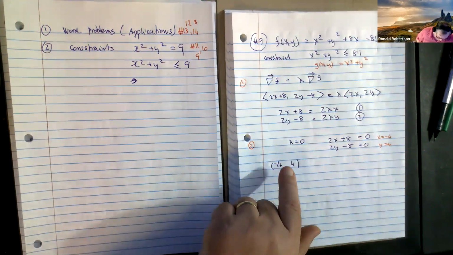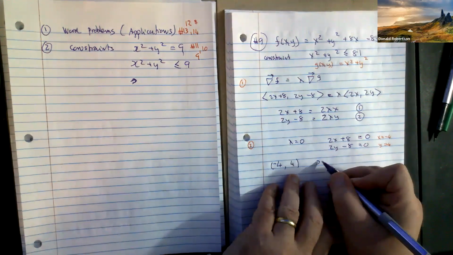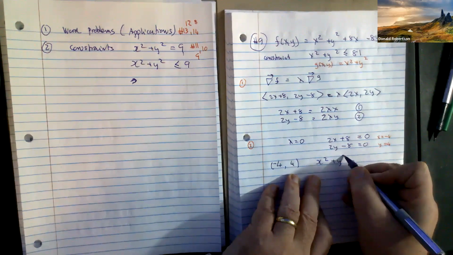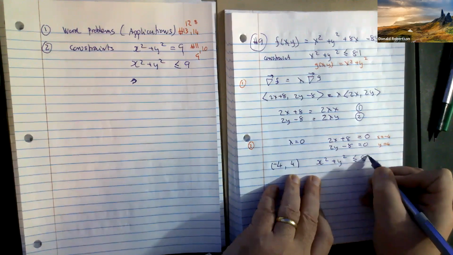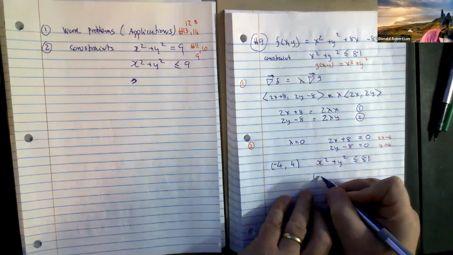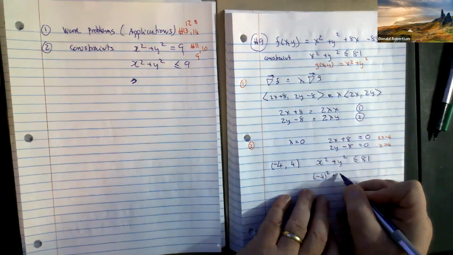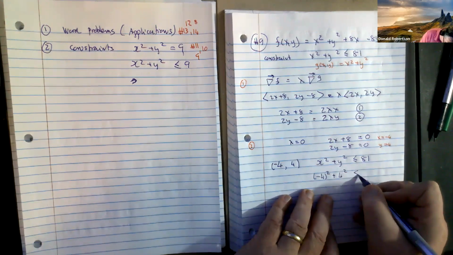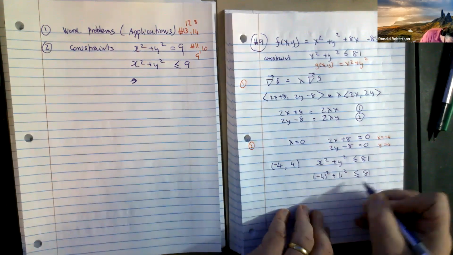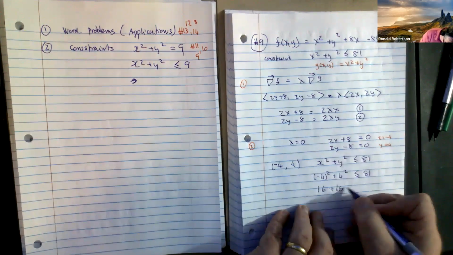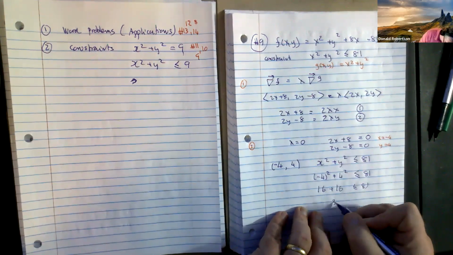And what I'm going to do now is plug it into the constraint. Well, the constraint says x squared plus y squared has to be less than or equal to 81. So -4 squared plus 4 squared has to be less than or equal to 81. Well, 16 add 16, 32.